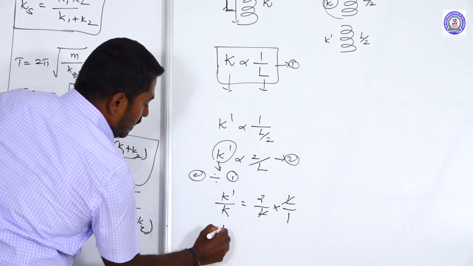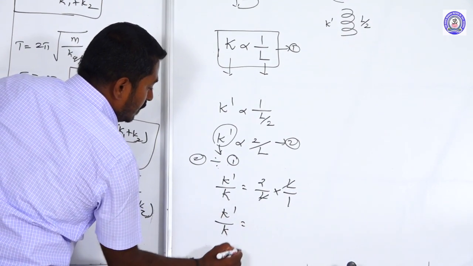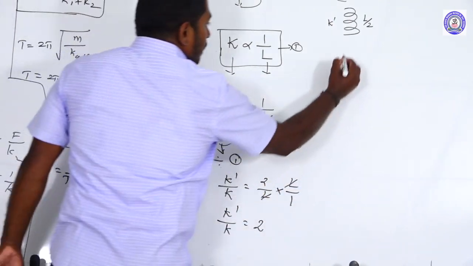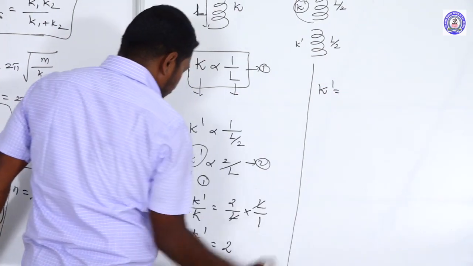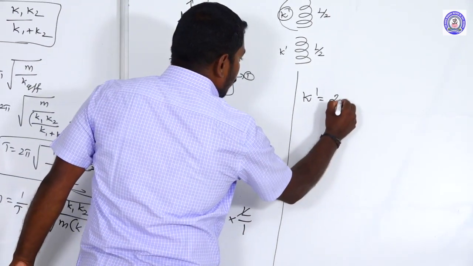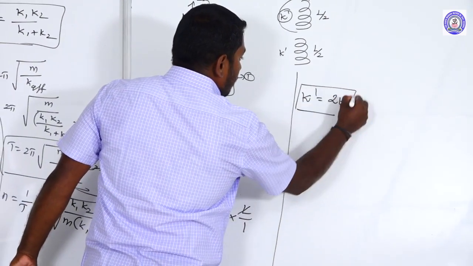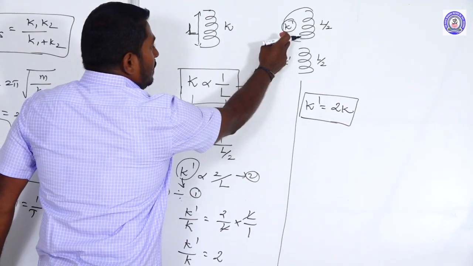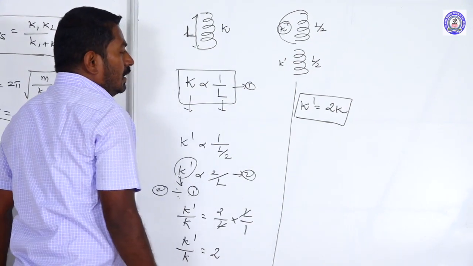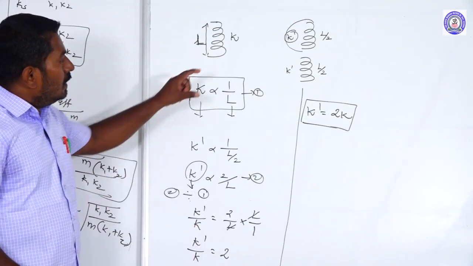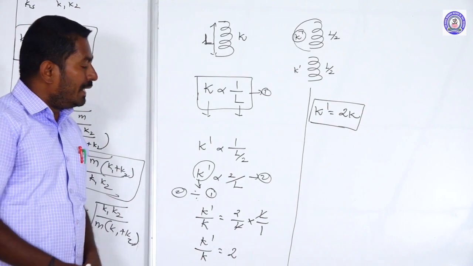L gets cancelled, so K prime divided by K is equal to 2. Now the new force constant K prime is equal to 2K. Each segment has a spring constant K prime equal to 2K. So each segment's spring constant increases twice.